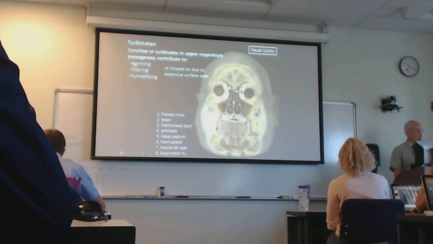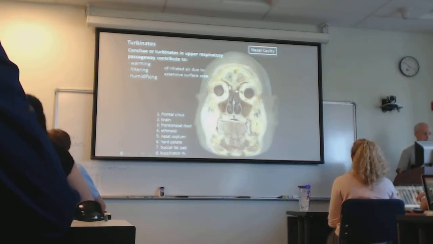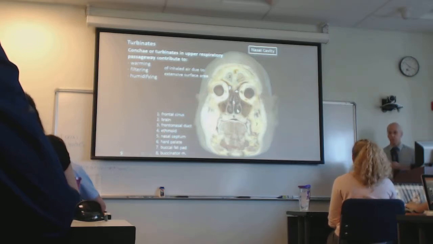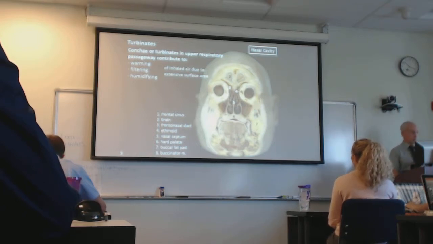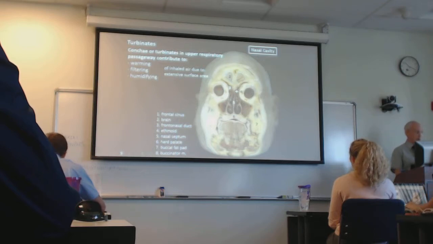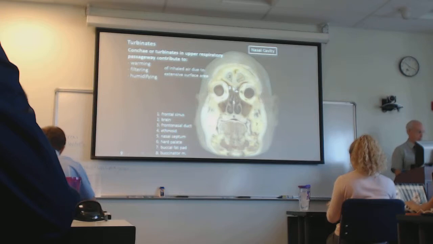In the physiology, we'll talk about the physiological importance of these conchae for warming, filtering, and humidifying the air. We'll see why that's essential to the process of gas exchange, really facilitates gas exchange. In a figure like this, I have these structures numbered, so be able to identify the numbered structures here. You can see the frontal sinus, or at least a portion of it.